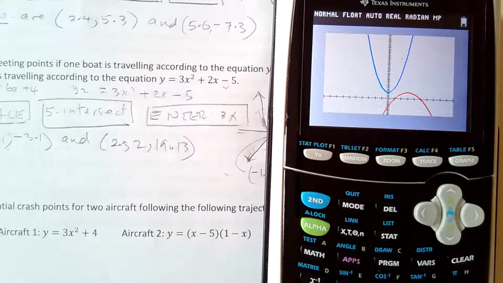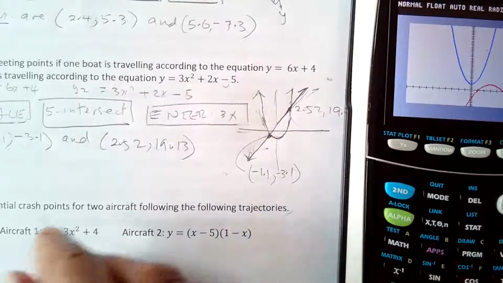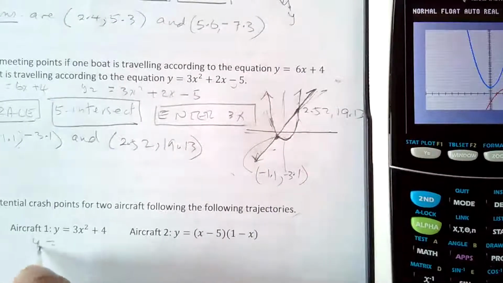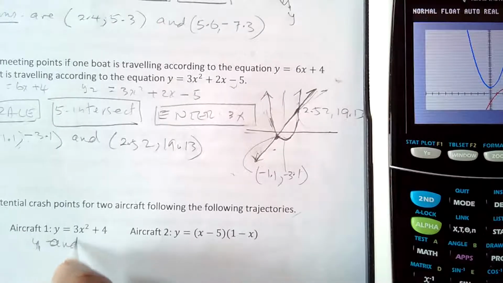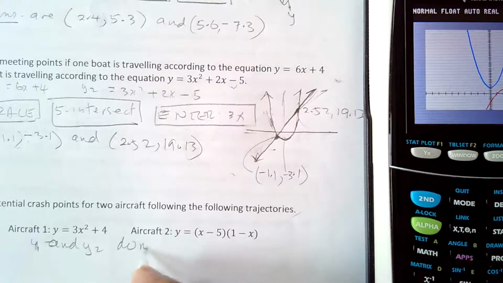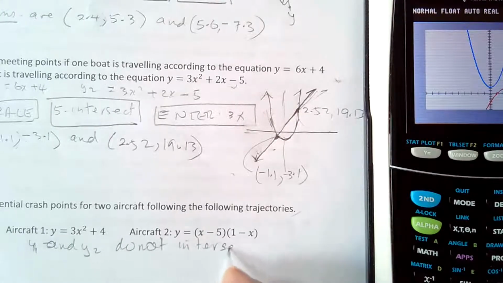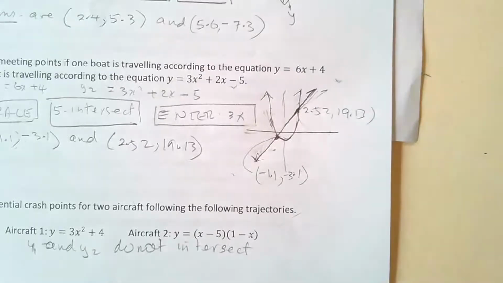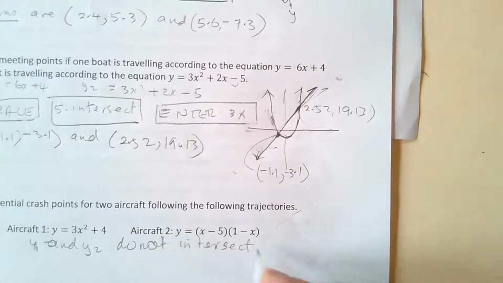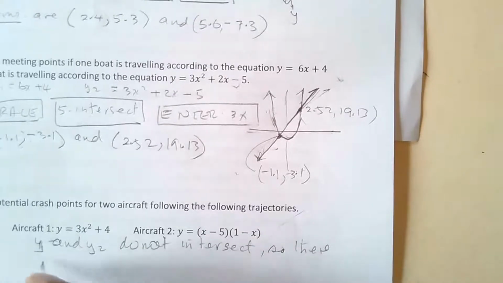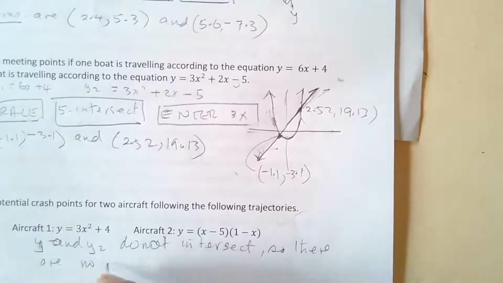So because it does not meet, there's no solution. So we can say y1 and y2 do not intersect. So there are no solutions.